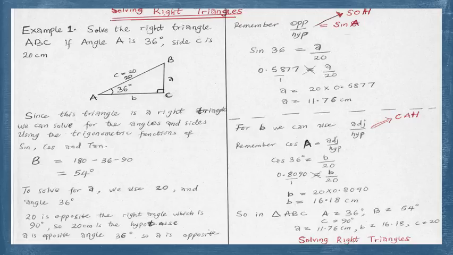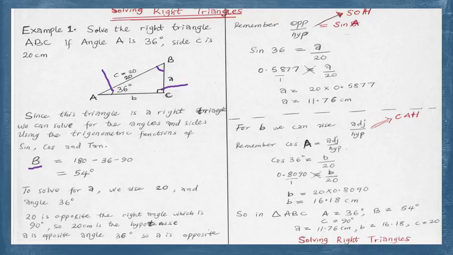Because this triangle is a right triangle, we can solve for the sides using the trigonometric functions sine, cosine, or tangent. First, we might decide to find angle B. We know this angle is 90 degrees and this one is 36 degrees from the question, and that the total sum of angles in a triangle is 180.